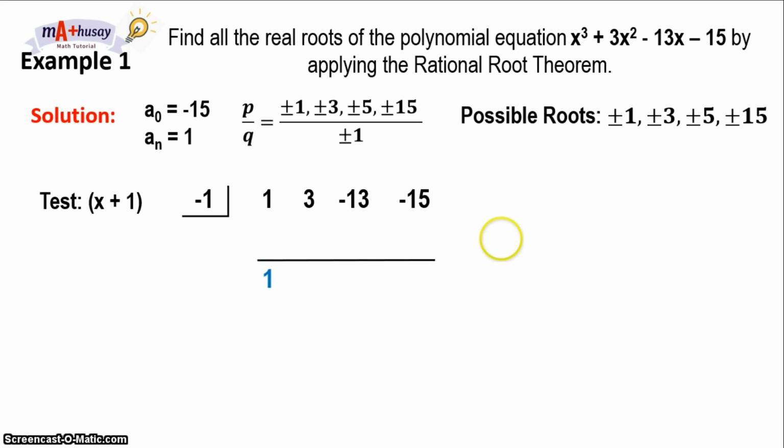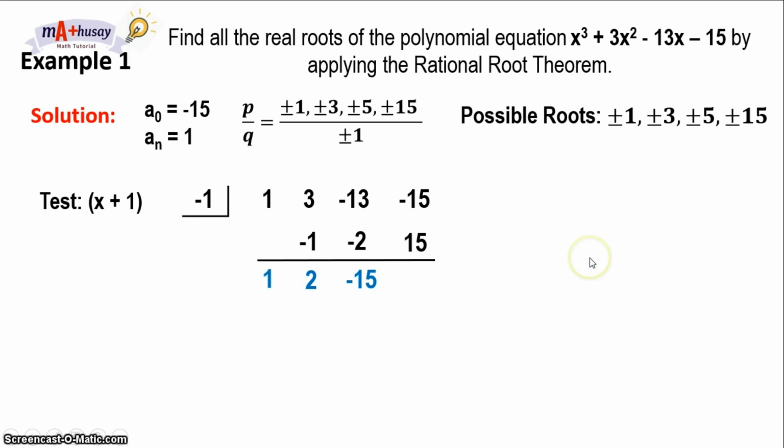So, 1 times negative 1 is negative 1. 3 minus 1 is positive 2. Now, we multiply negative 1 by 2, so we have negative 2. Adding negative 13 and negative 2, you'll have negative 15. Lastly, we multiply negative 1 times negative 15, that gives you positive 15.